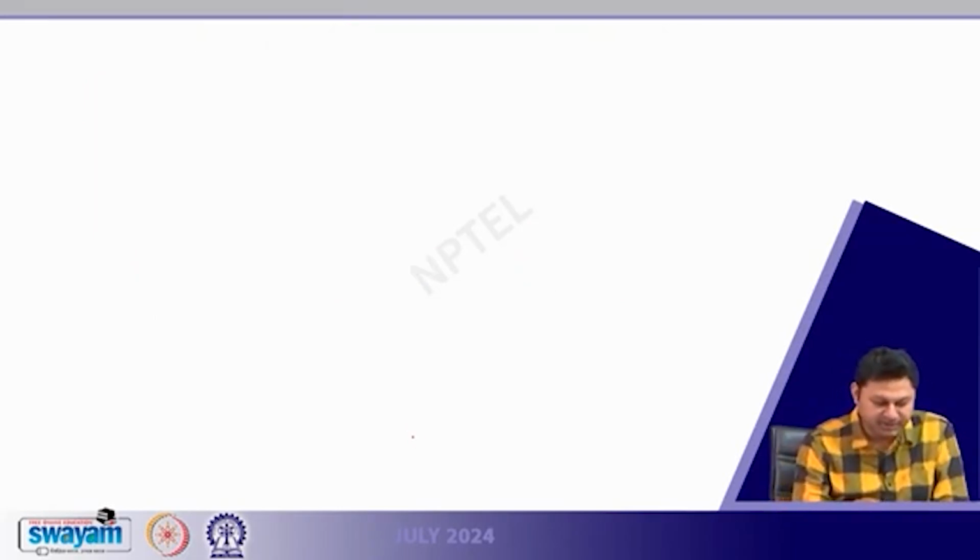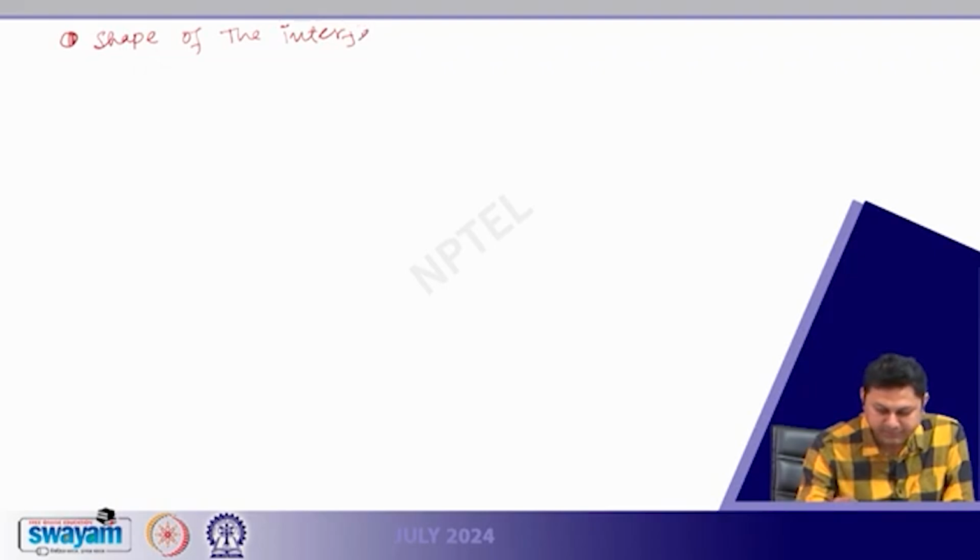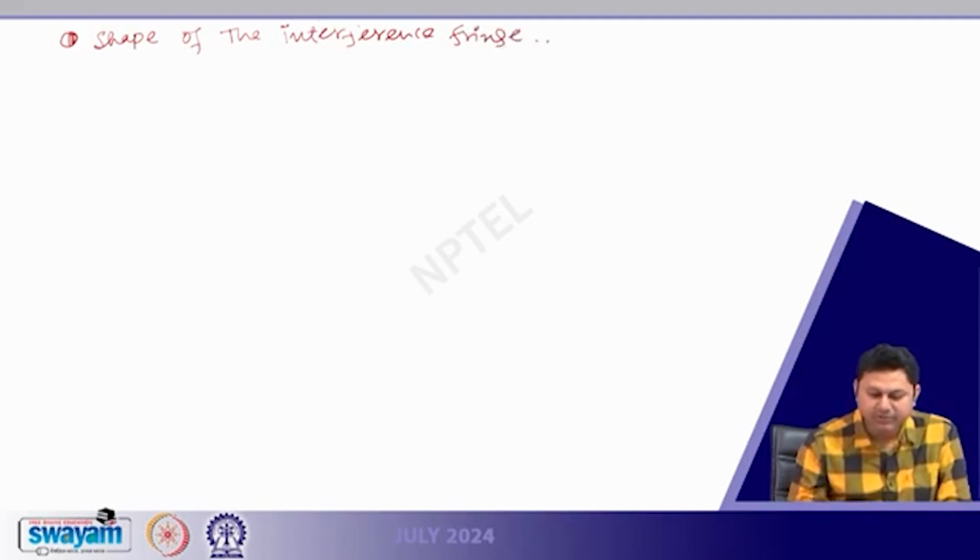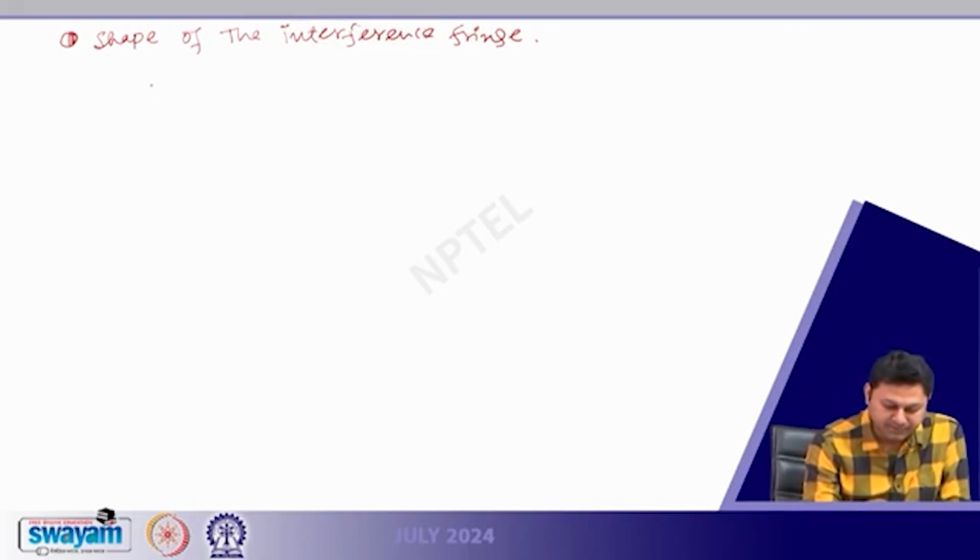So our goal today is to find the shape of the interference fringe, and how one can determine it, that we are going to see.